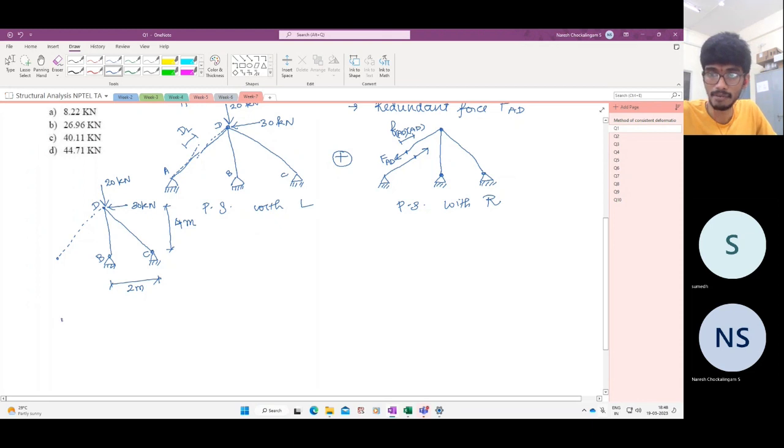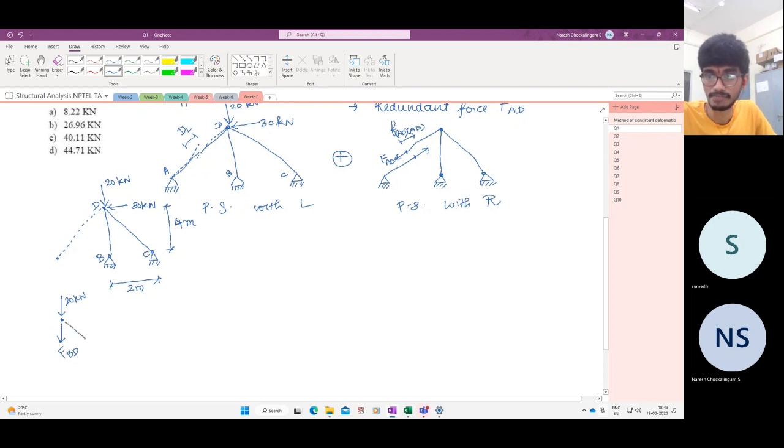Now let us take the equilibrium of joint D for the primary structure with the applied load. You have a vertical force of 20 kilonewtons. Here, let us assume this member is in tension, so we have FBD. You don't have an FAD because you have cut the member. It is free to overlap or do something, so it will not transmit any force.